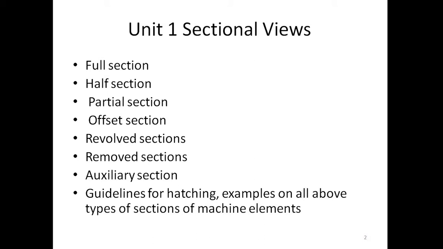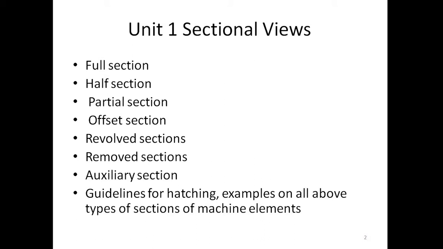Third one is a partial section, which we draw for symmetrical components, in which above its vertical or horizontal line half part is drawn and the remaining part is cut by breaking lines, which shows the part is similar and saves time as well as space.